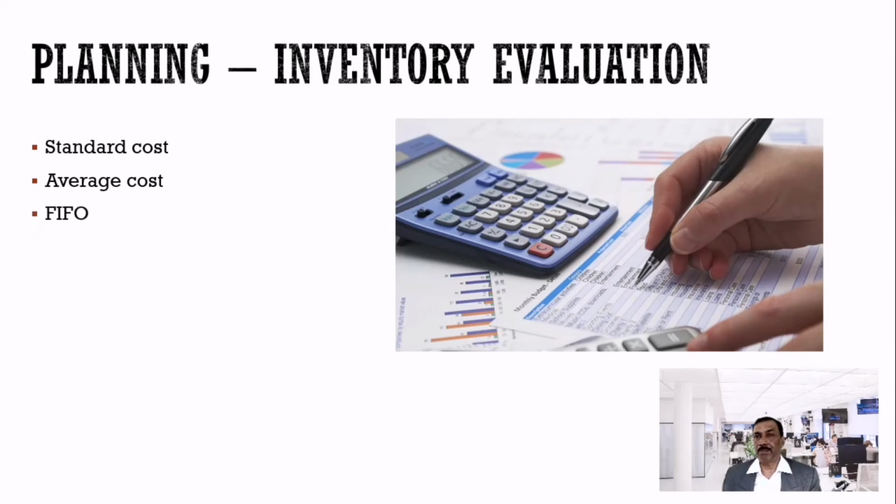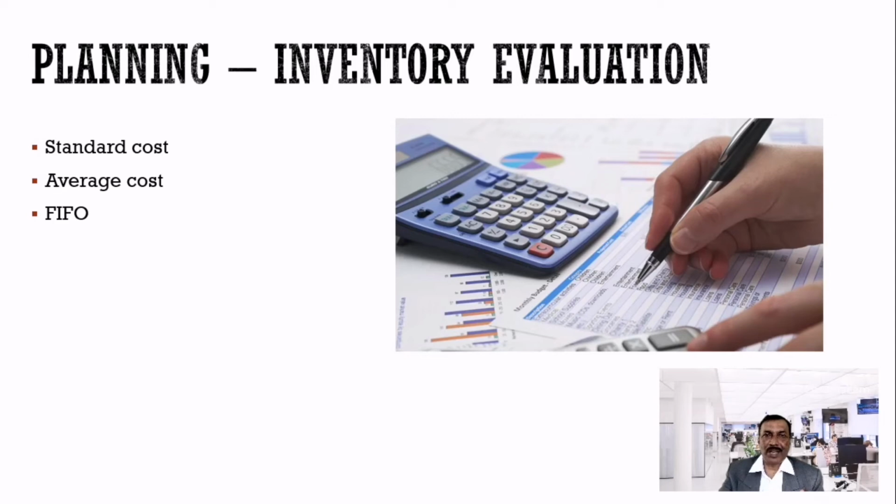Next one is called FIFO, the first in first out costing method. This has nothing to do with the physical issue of material. Here it's only a costing method. When we say we have received some items at 80 rupees, some at 90, some at 100, then I am going to evaluate all the inventory at 80 rupees, the first in value.